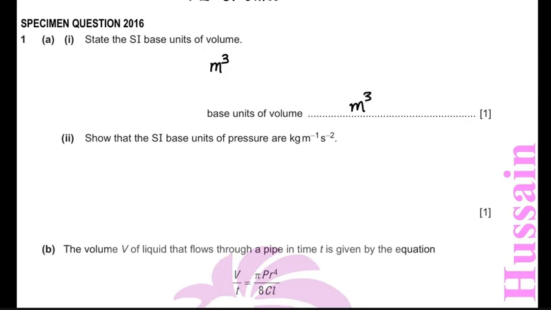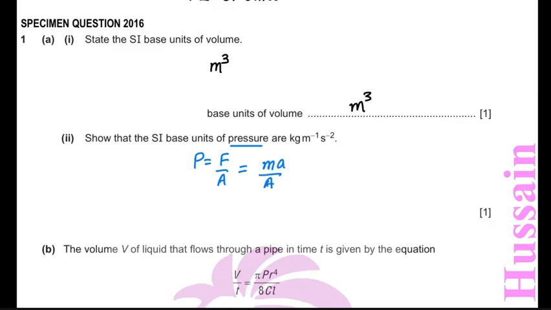Then it says show that the SI base units for pressure are kg per meter per second squared. So pressure, what is the formula for pressure? Pressure is force upon area. What are the base units for force? Force is mass into acceleration.